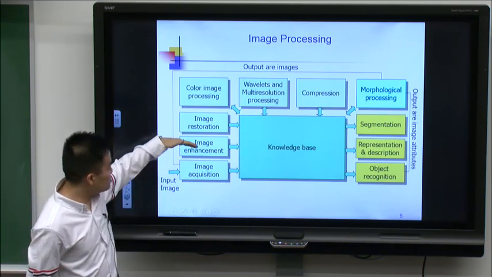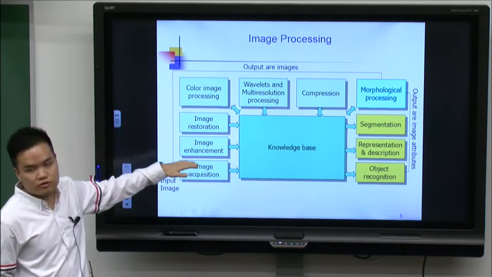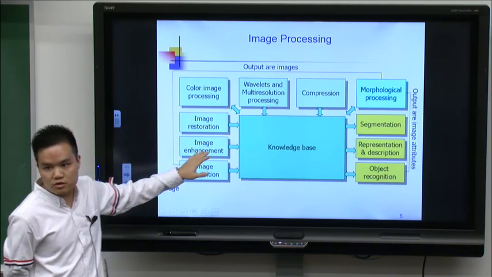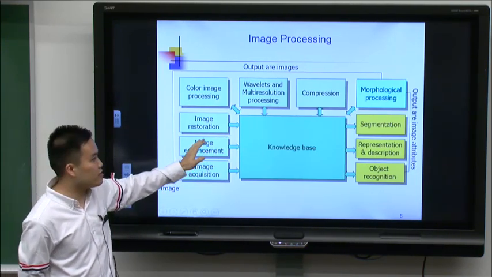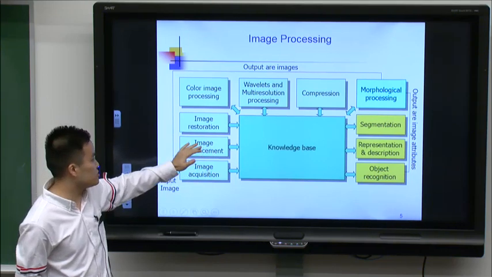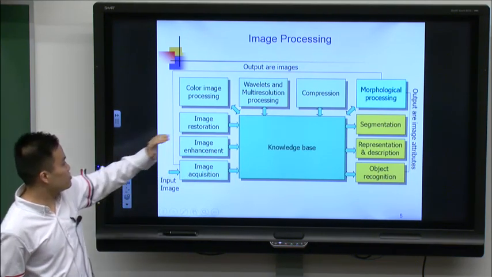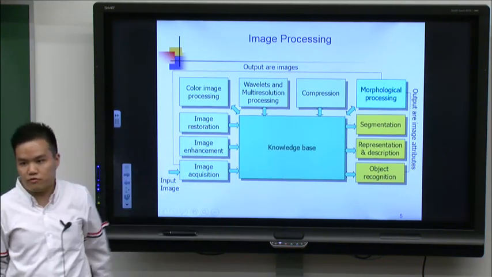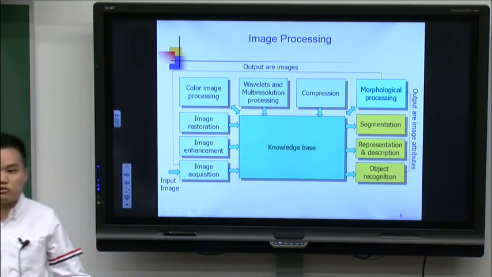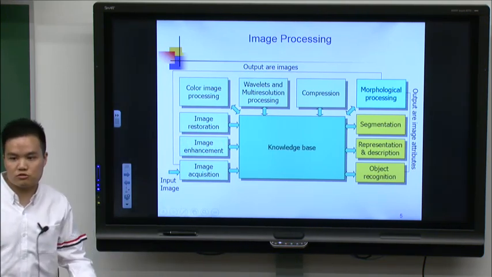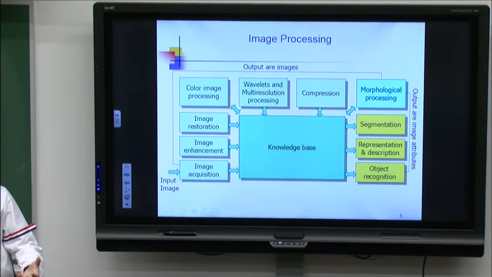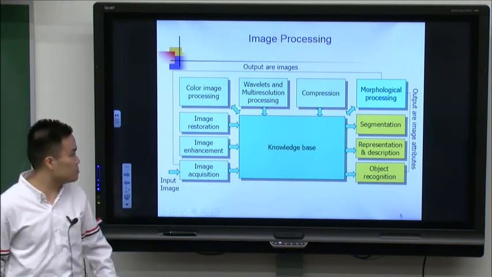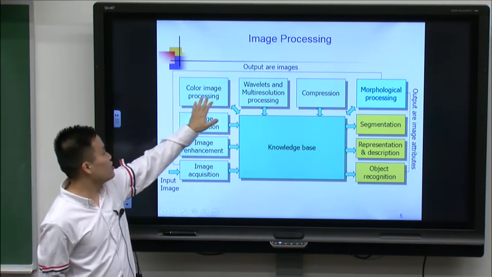And you can do image enhancement. For example, you can do contrast adjustment, brightness, and whatever kind of adjustment to the image. Another is image restoration. For example, if you have a very blurred or damaged image, how do you reconstruct the information originally contained in the image?